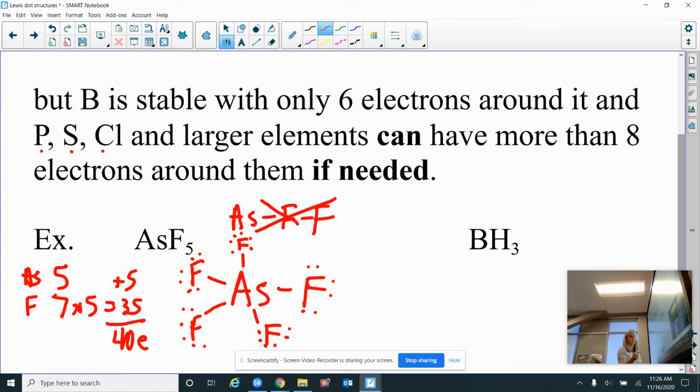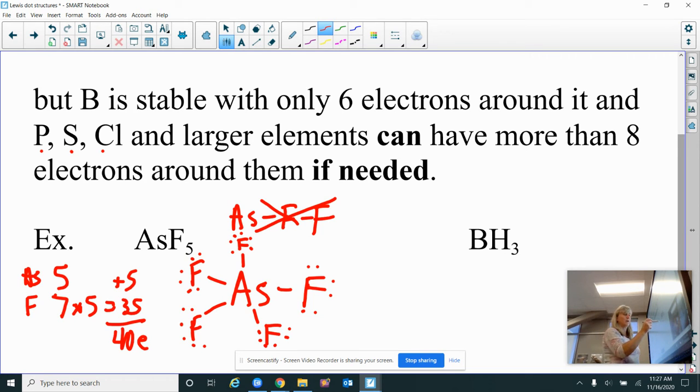Did we use 40 in our structure? So each fluorine has 8 around it, and there are 5 fluorines. So 8 times 5 is 40. Yes. So the fluorines are all stable. They all have 8 valence electrons total. And then the arsenic ends up with 10, but it's okay because it's big enough and it has that empty d orbital. So there's one example of an exception.